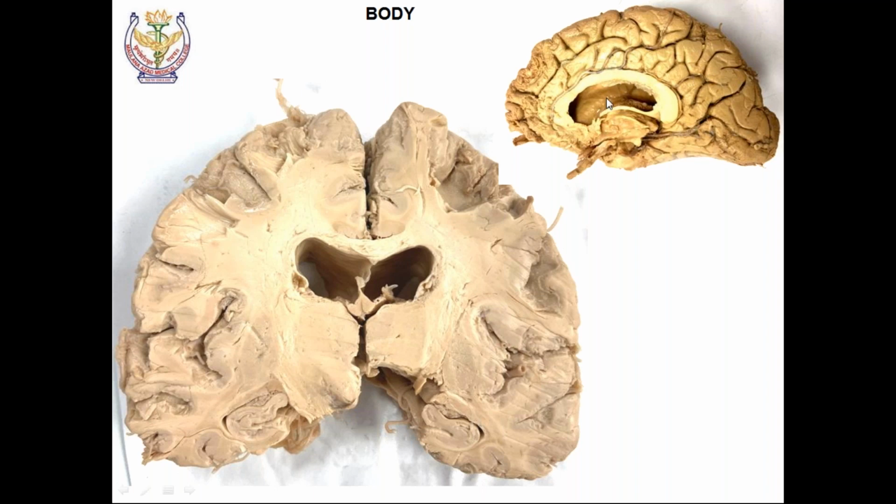So body of the lateral ventricle principally lies within this big hemisphere, that is the parietal lobe and the frontal lobe, the posterior part of the frontal lobe, that is, and the parietal lobe. So these are the two hemispheres which are housing the body of the lateral ventricle.